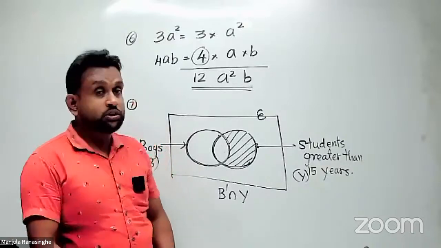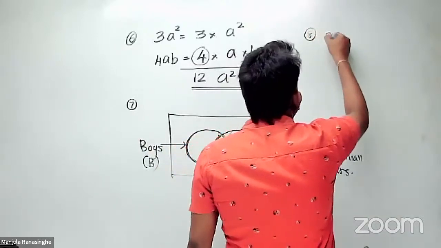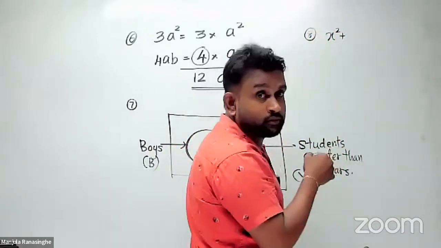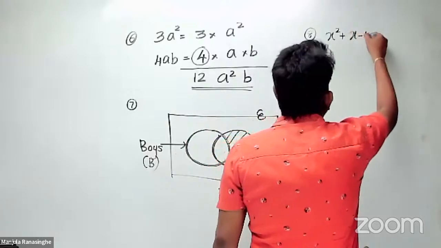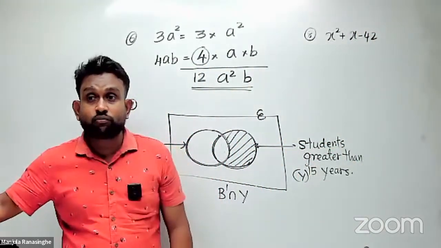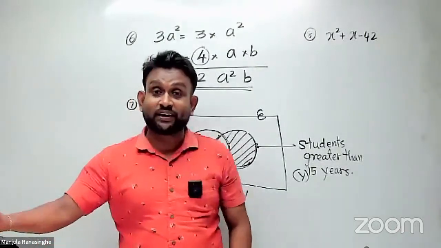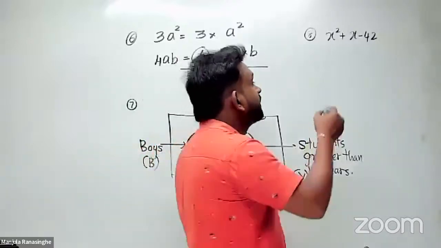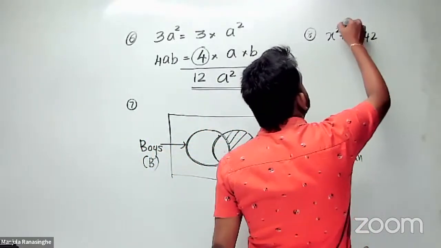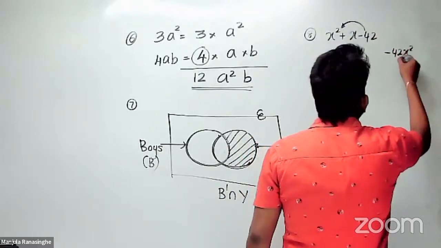Now we are moving to question number 8, factorizing x squared plus 7x, sorry, plus x minus 42. We can see it is a trinomial quadratic expression, which is factorized in this manner. We multiply these two terms, minus 42 into x squared, minus 42x squared.